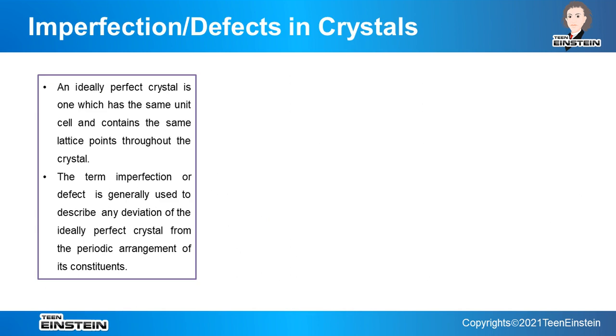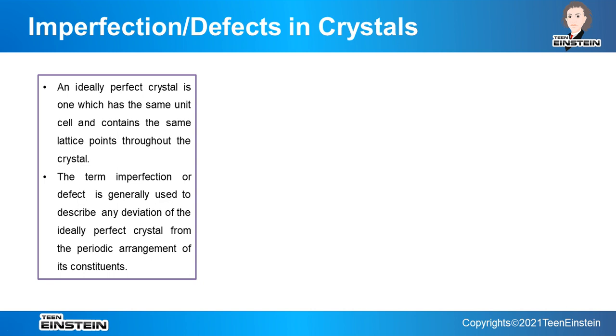Imperfection or defects in crystal. In crystals, we know that there is a regular arrangement in the whole crystal, but that does not mean that there is no defect. If we consider a very large portion of the crystal, there may be some defect. An ideally perfect crystal is one which has the same unit cell and contains the same lattice points throughout the crystal, that is, the same arrangement in the whole structure.